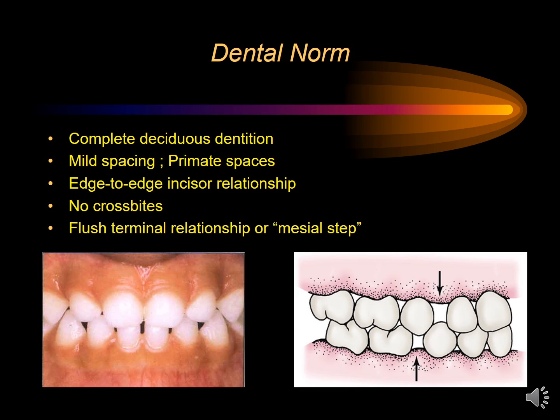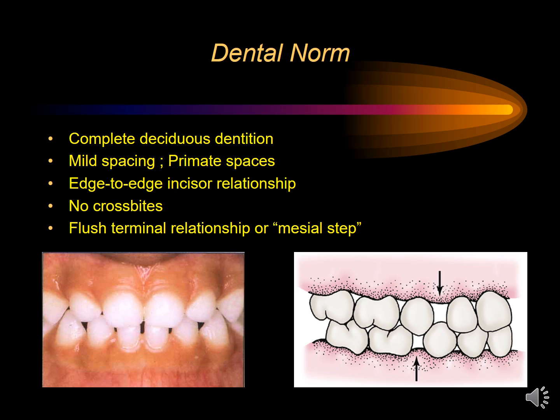Now dental norm. Okay, now when we talk about dental norm, what we want is a complete deciduous dentition with mild spacing, which are known as primate spaces.